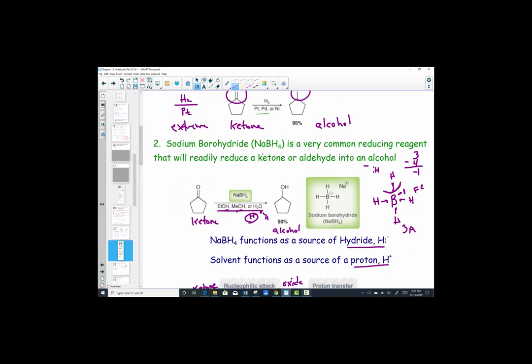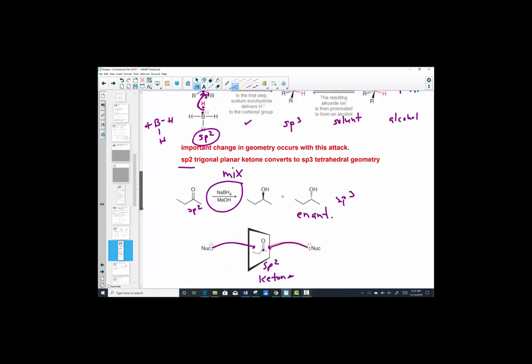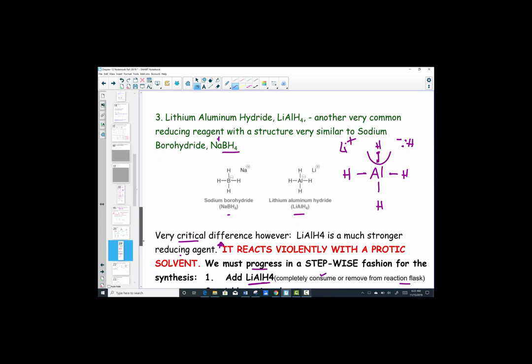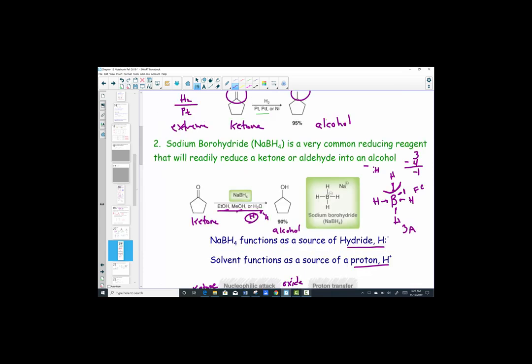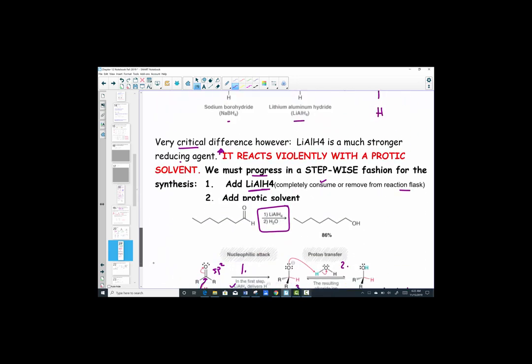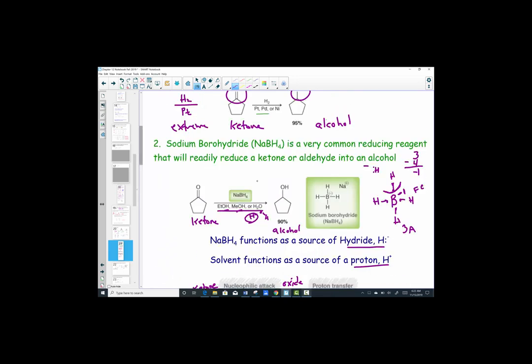Second, we use sodium borohydride, very commonly used in the laboratory, in the same reaction vessel with a protonated solvent. And a third, which is an even better reducing agent, but the conditions must be controlled to make sure that the reducing agent never comes into contact with the proton solvent, otherwise we'll have a violent reaction. And so you'll clearly see that these are always step 1, step 2.